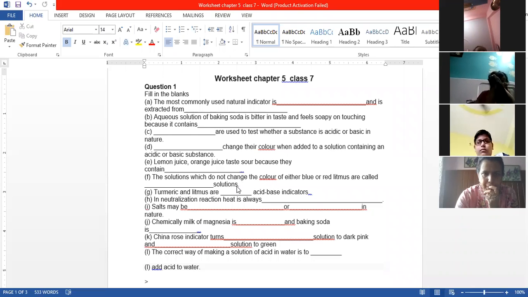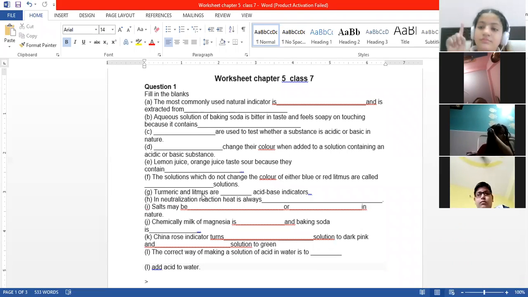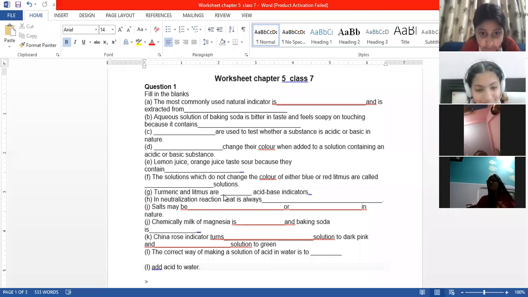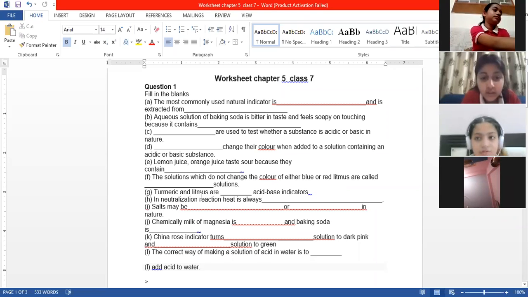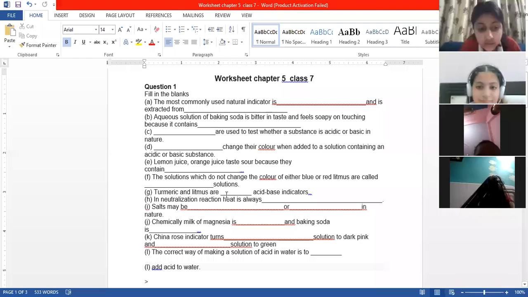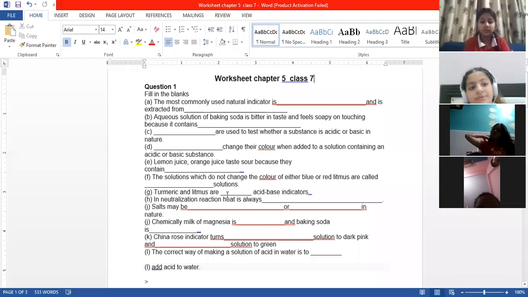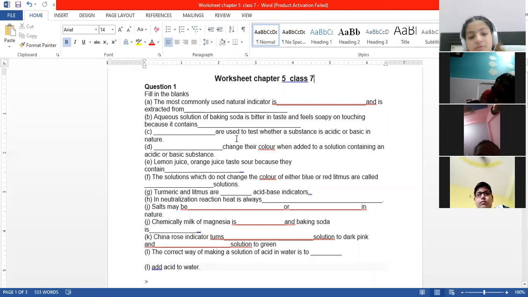Next, G part: turmeric and litmus are dash acid base indicators. Fiona, you can give the answer. Natural acid base indicators. Yes, very good. Next, H part: in a neutralization reaction, heat is always dash.